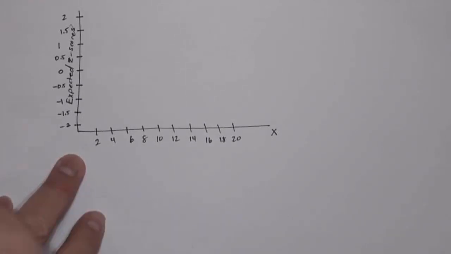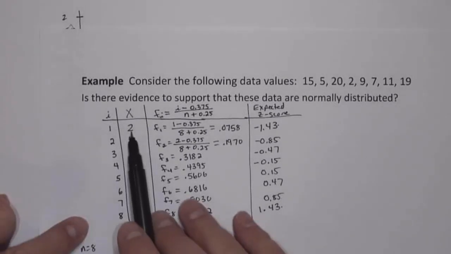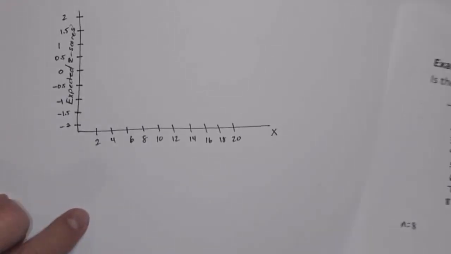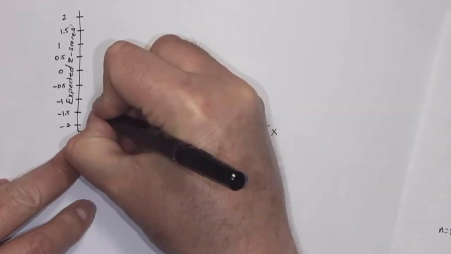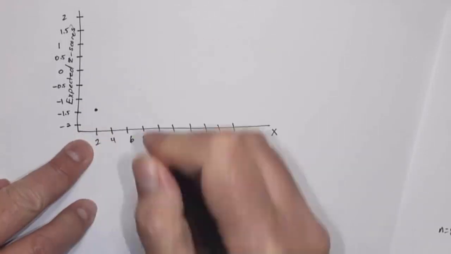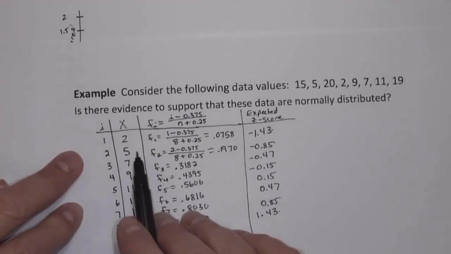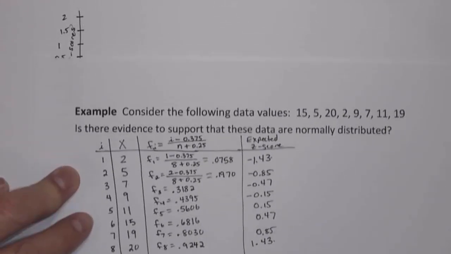Anyway, so now looking at our results back on the previous page, our data value 2 had an expected z-score of negative 1.43, so we're going to plot that point. 2, negative 1.43 would be around there, okay? Our data value 5 had an expected z-score of negative 0.85.